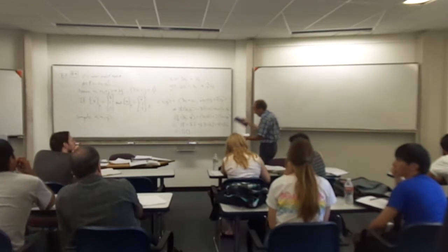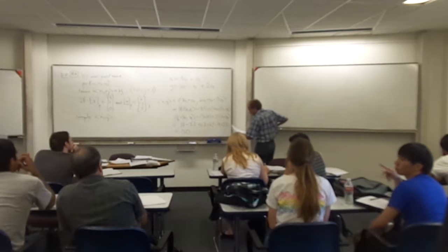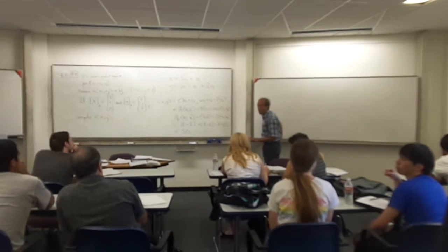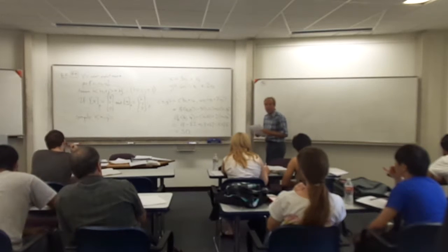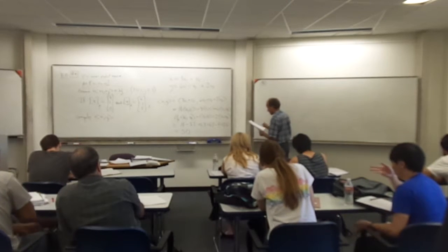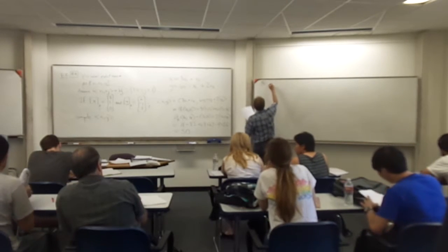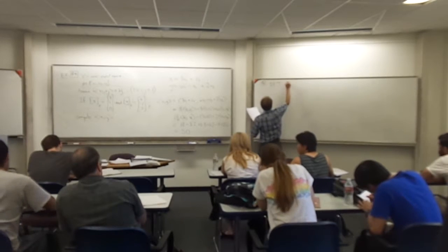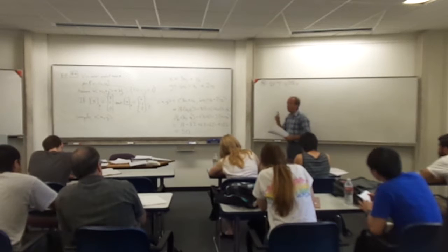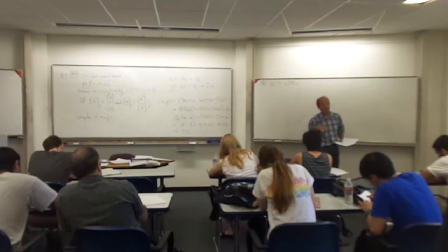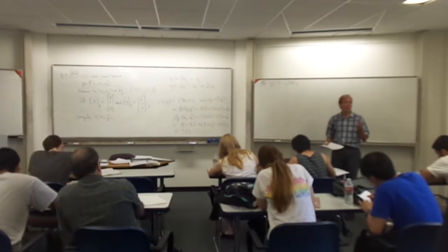Let's try another one. This is kind of going backwards on the sheet. Number 8 on the same review packet. If T from V to V is linear, by the way, whenever the transformation goes from V to itself, it's often called a linear operator, but that just means linear transformation.